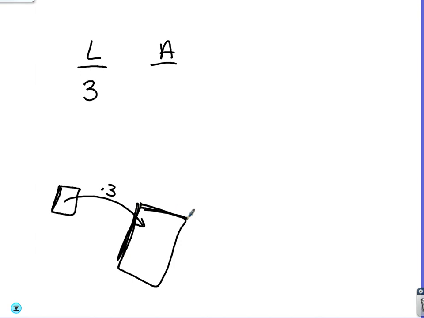Does everybody remember what the relationship between the areas is? It's going to be how many times bigger? 9 times bigger. Now, what if it was a 3-dimensional shape? What would be the relationship between the volumes? It would be 27 times bigger. 3 is your original scale factor, 3 to the second is your area scale factor, 3 to the third is your volume scale factor. Let's do another one with fractions.